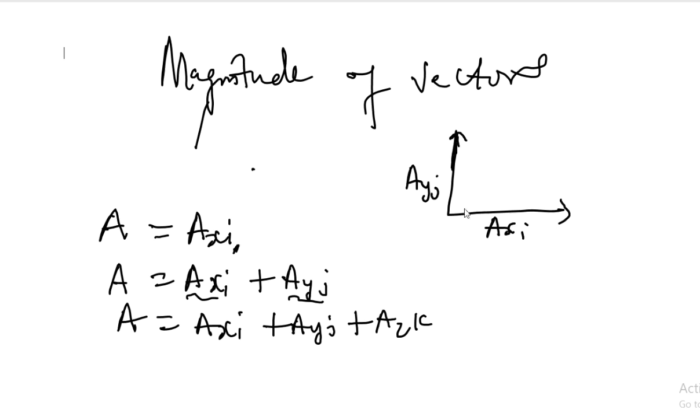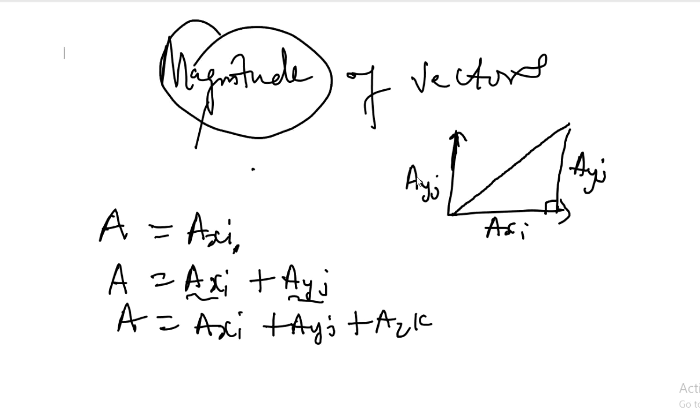How do we find the magnitude? We can draw a line to pass through this, and we have another here. This is AYJ, so this forms an angle of 90 degrees. Of course, we can find the length of this vector. That is what we call the magnitude of vectors. This is just for 2D vectors, two-dimensional vectors.